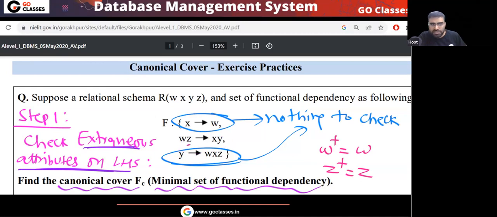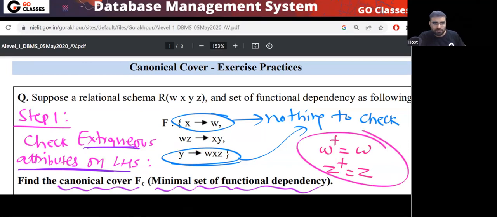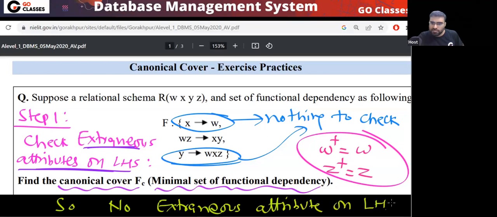This W is not extra because Z cannot determine XY. You can easily see. Okay, so no extraneous attribute on LHS. Is this clear? So this step is done. Okay, this LHS is done.